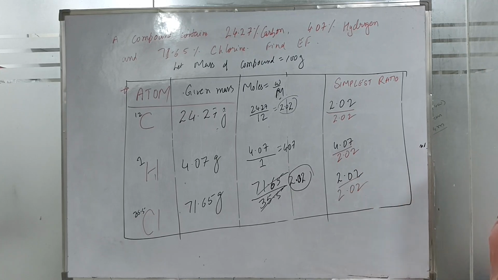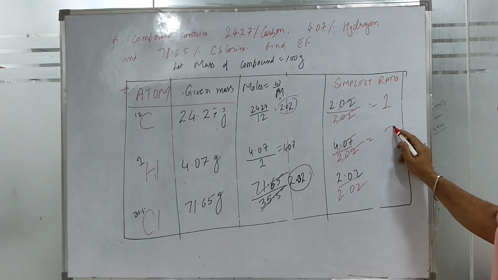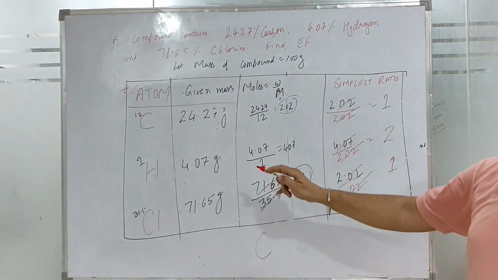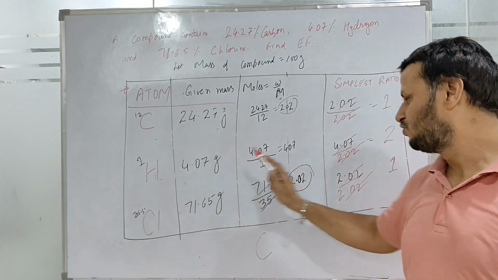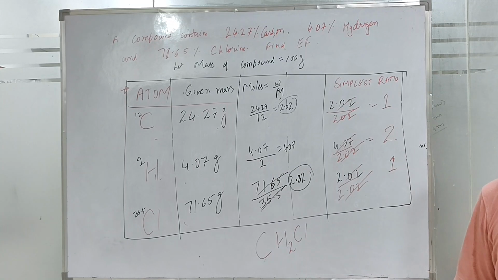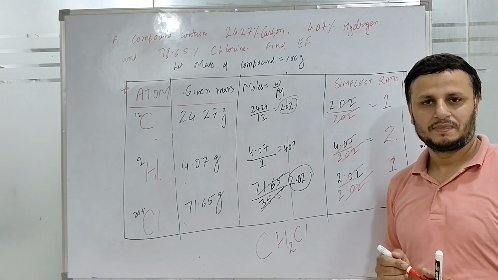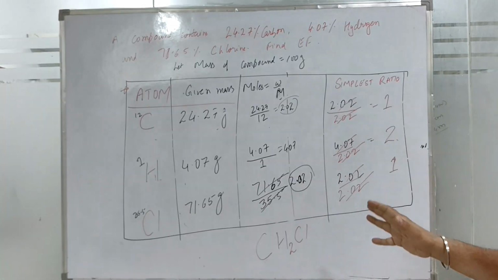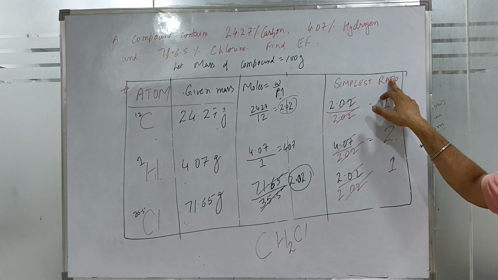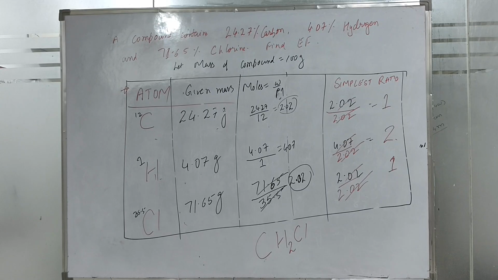We will divide all the moles by least value to get a simplest ratio, and that simplest ratio will give empirical formula C1H2Cl1. So CH2Cl is the empirical formula of this compound. So first we will have to find the moles and then moles to simplest ratio. बस ये टेबल बनानी है in this concept.